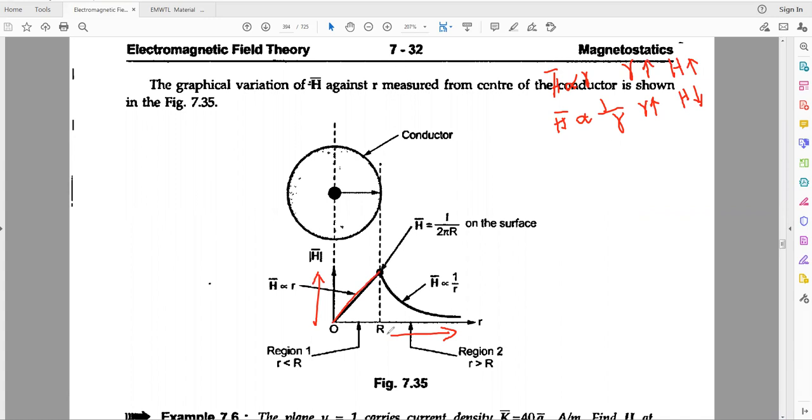Coming to the second region, for r greater than R, H bar is 1 by r. In the denominator, r increases means H bar decreases. When r is inside, it slowly increases, outside it slowly decreases and goes to the zero value. Okay.